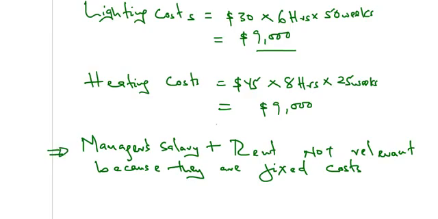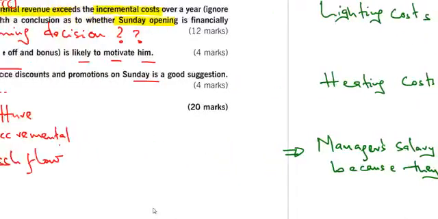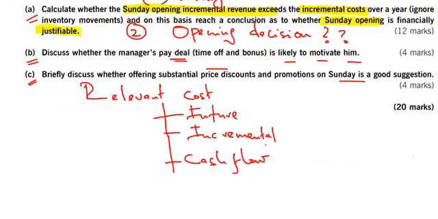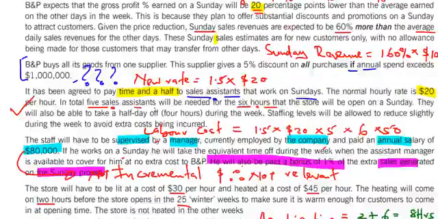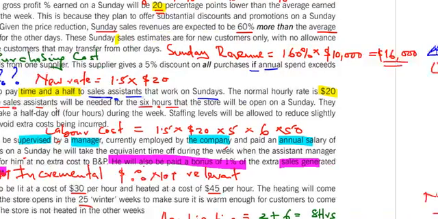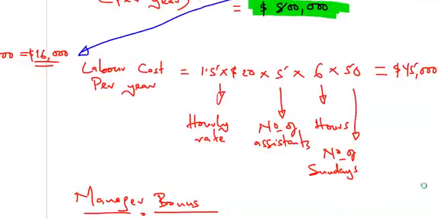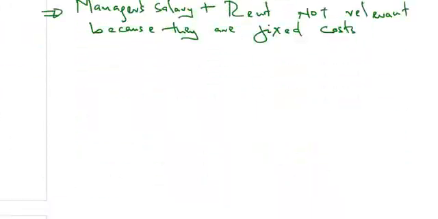Make sense? So now that we've reached the end of the question, it's time to go back to the complicated bit, which is what we want to find, and the purchasing cost. B&P buys all its goods from a supplier. The supplier gives a 5% discount on all purchases if annual spend exceeds 1 million. So let's try and evaluate the incremental purchase costs.